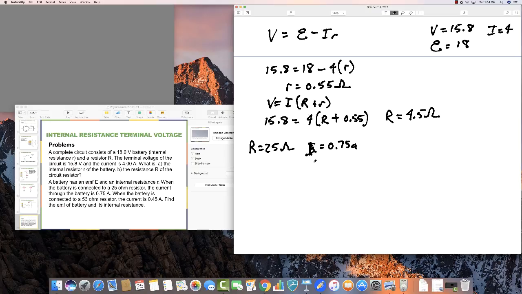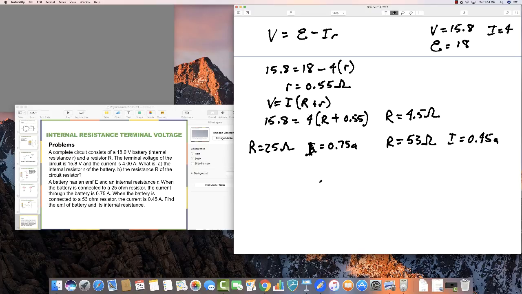And when the battery is connected a second time to a different load of 53 ohms, then the current produced is 0.45 amps. So find the EMF of the battery and its internal resistance.